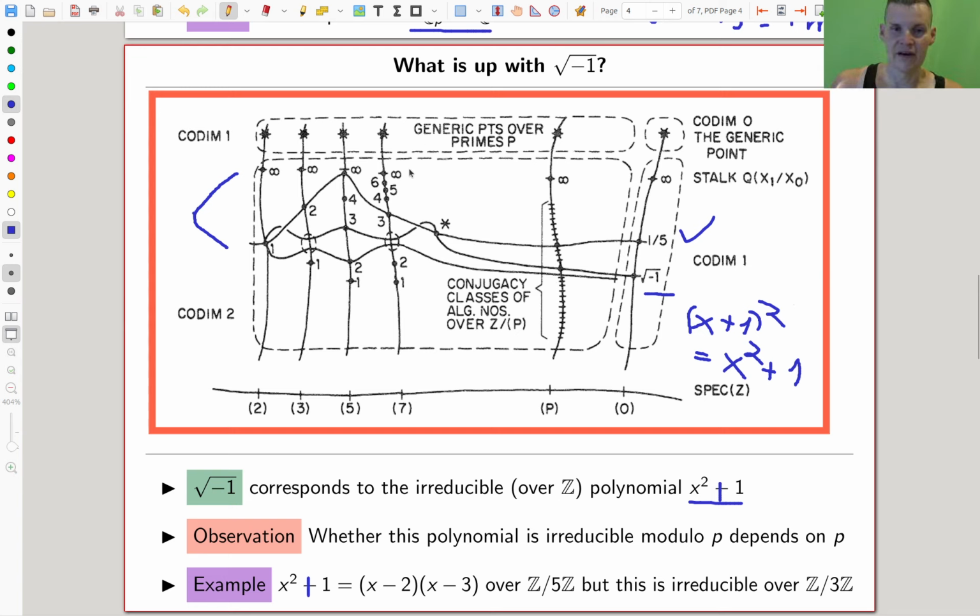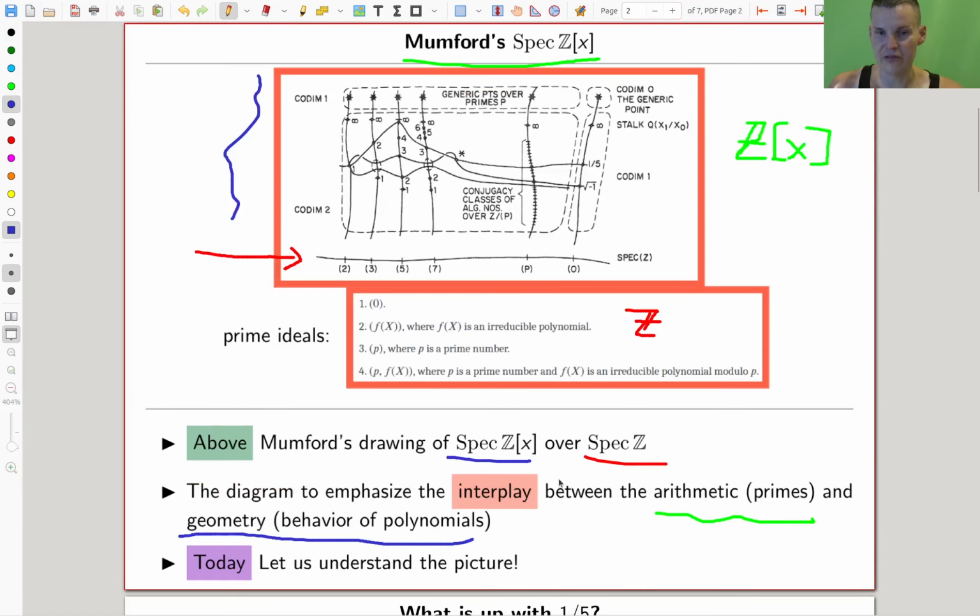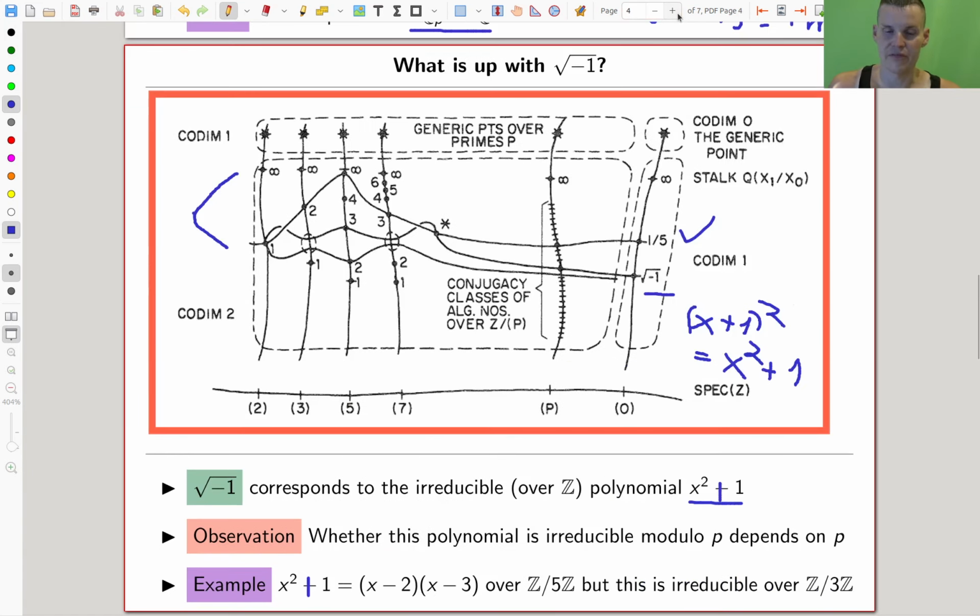This is how you should read those lines going from left to right. They correspond to irreducible polynomials and their behavior mod P, which is exactly what I promised you. That's what Mumford is trying to illustrate in this picture.